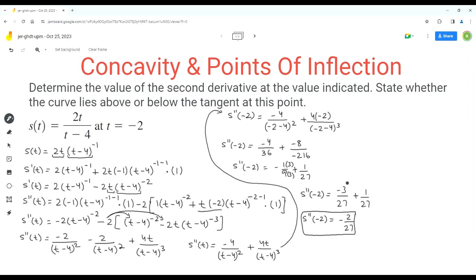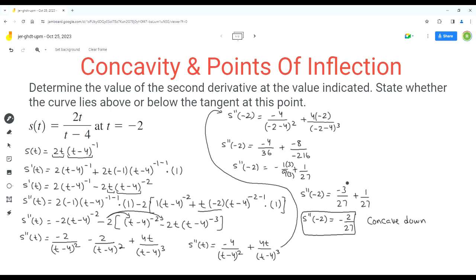Now we can answer the second part, whether the curve lies above or below the tangent at this point. Now for the second derivative, we got a negative value. That means the curve is concave down at t equals negative 2.